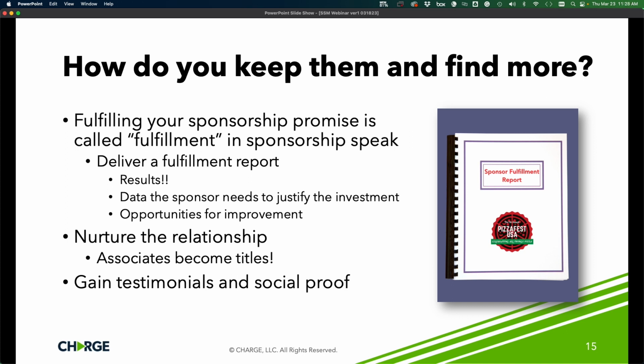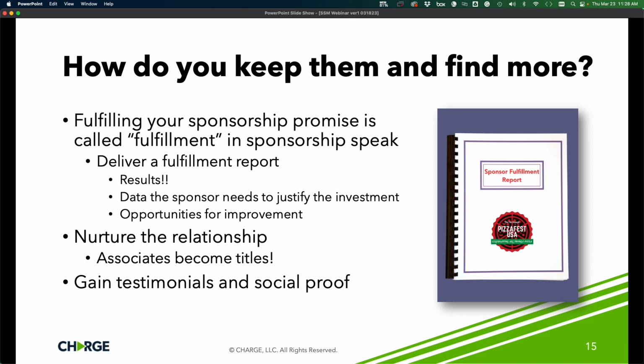Then remember, you're nurturing relationships, and we often say associates become titles. Now, what this means is the top tier of a sponsorship is often called the title sponsorship. It's a major sponsorship. It could be the name of your event. It could be the number one sponsor among all your sponsors. And associate sponsors are the number 2 or number 3 or number 4 sponsors who pay less, they receive less benefits, but they're all sponsors to you.